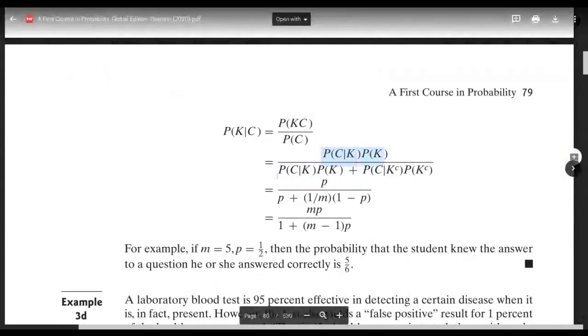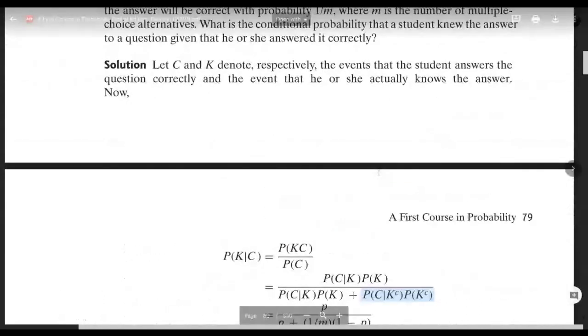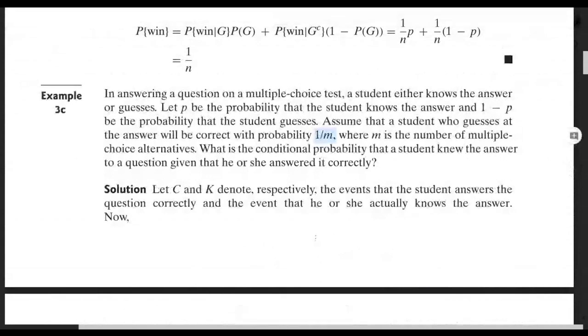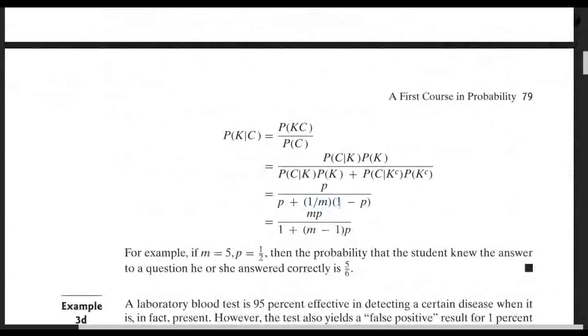Then the other term is the complement, and this complement is 1 minus P. This is where she did not know the answer but chose correctly, so she guessed, and we are given the probability is 1 over m. So we have 1 over m multiplied by 1 minus P. Then we simplify, so we get this answer.